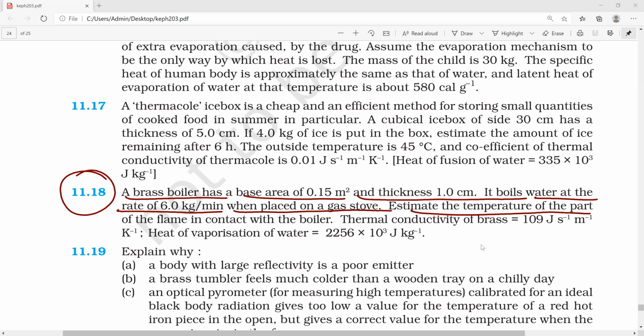Estimate the temperature of the part of the flame in contact with the boiler. The thermal conductivity of brass and the heat of vaporization of water are also given. Let us see how to solve this 11.18.